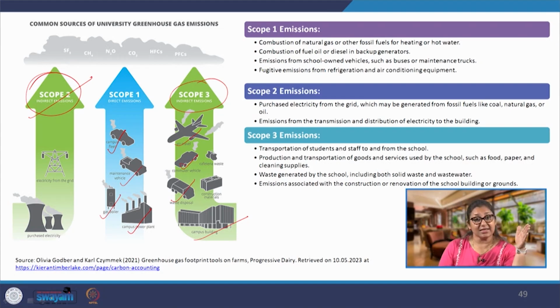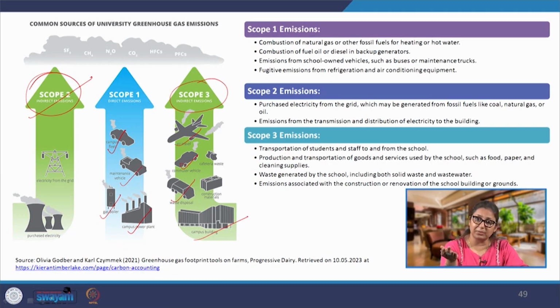So, what we are seeing here is that the buildings consume electricity, and buildings in today's campuses are the biggest guzzlers of energy, electricity. Most of our buildings are now air conditioned in India, and when we are talking about the indirect emissions from electricity, 90% of this electricity is actually going into maintaining the thermally comfortable environment inside the buildings.